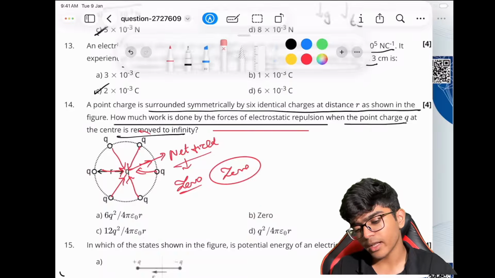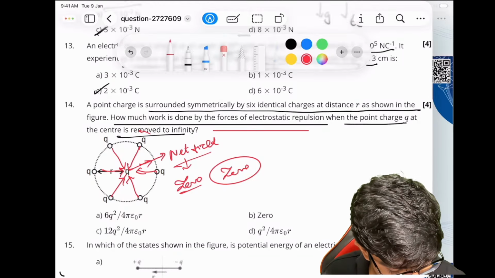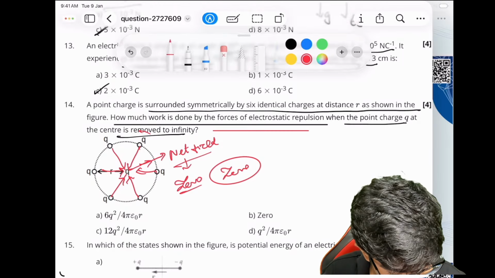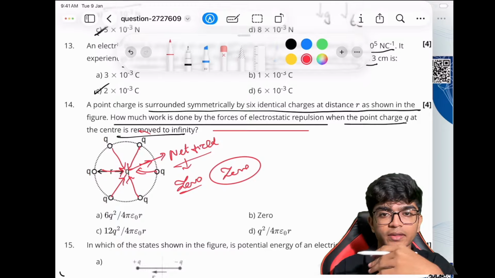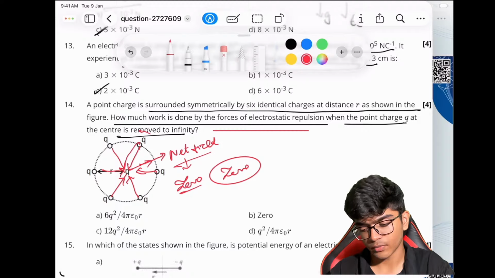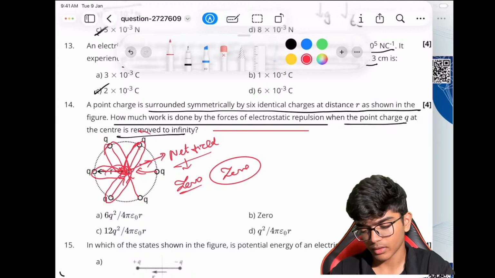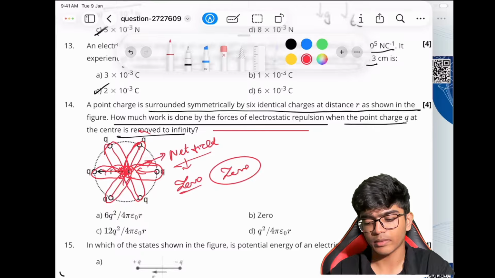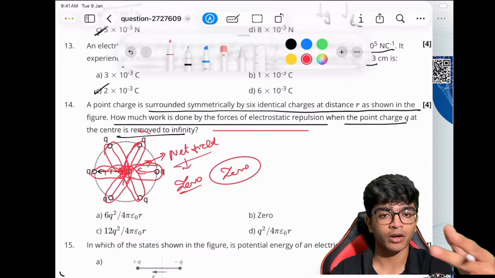Okay, this is a nice question. ஒரே நிமிஷம். Initially here the net potential is 0? But the field is 0. But when you look at potential, individually each charge will have potential. This system is in unstable equilibrium. Individually they'll have potential because potential is a scalar quantity, not a vector quantity.